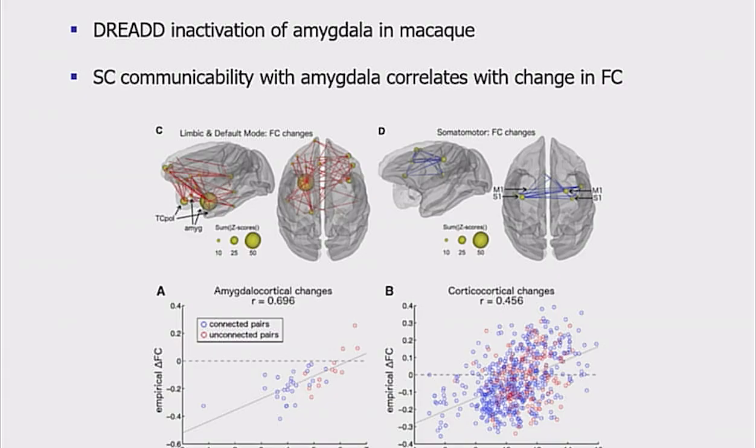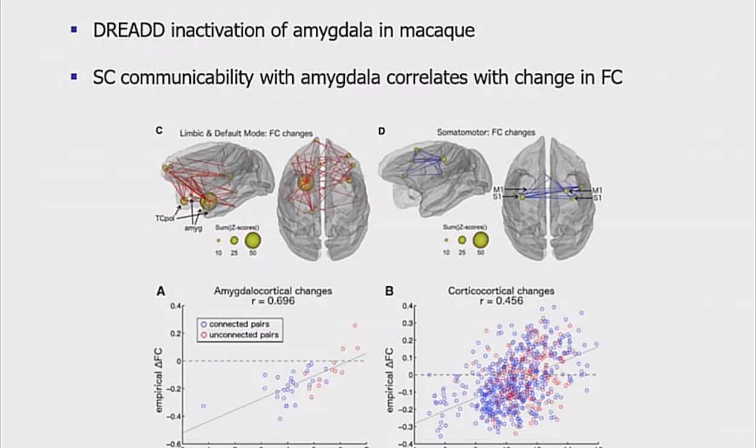This is a paper from Grayson and colleagues that came out a couple of years ago now. They were using designer receptors and designer drugs to deactivate the amygdala in the macaque, and looking at how resting state functional connectivity changes before and after amygdala deactivation.